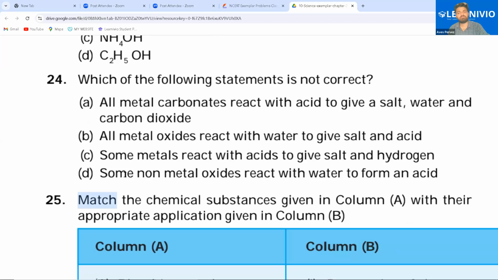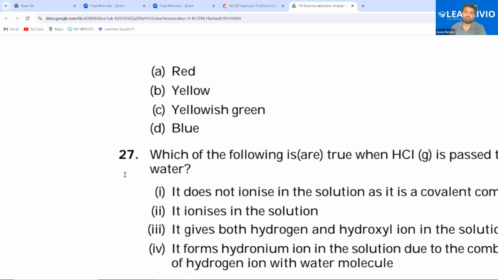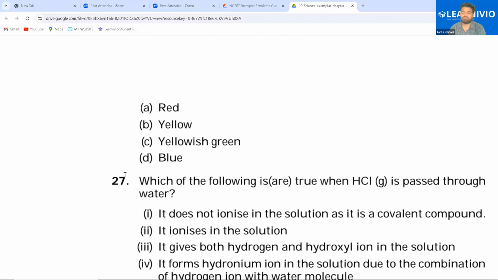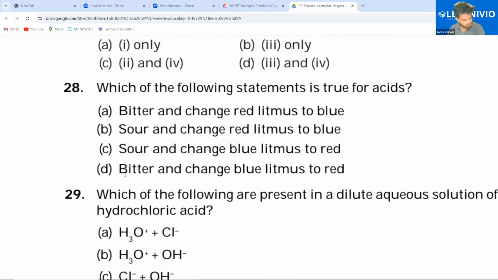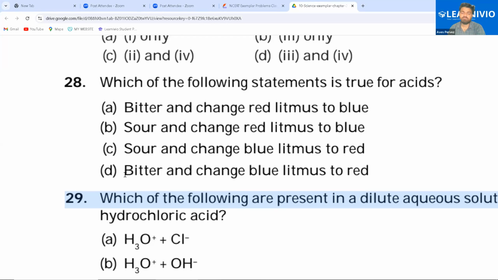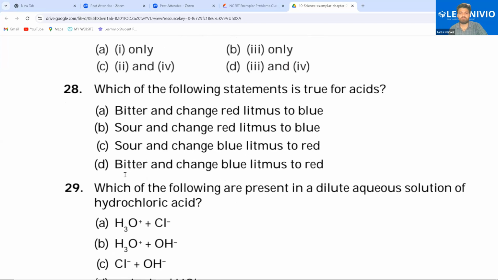Question number 28. It's option D, because if I remember correctly, it's bitter and changes blue litmus to red because it's acidic.